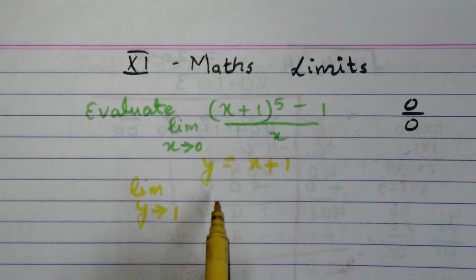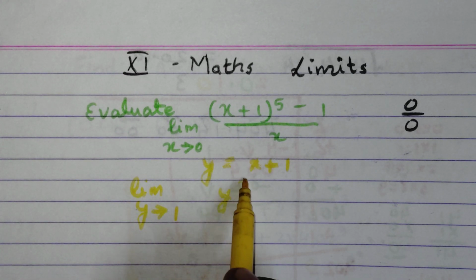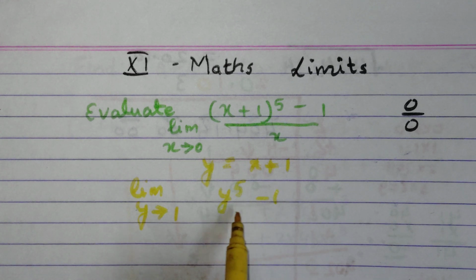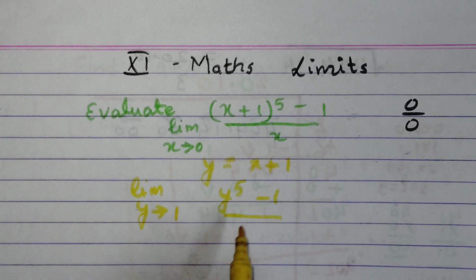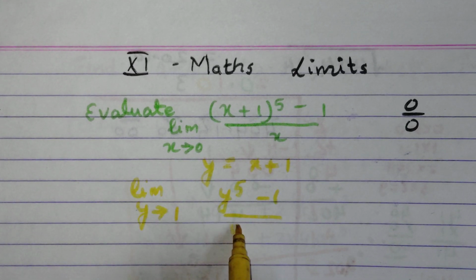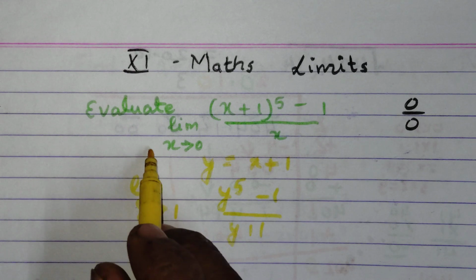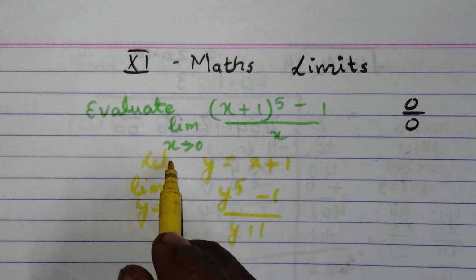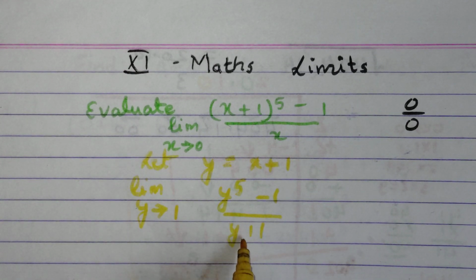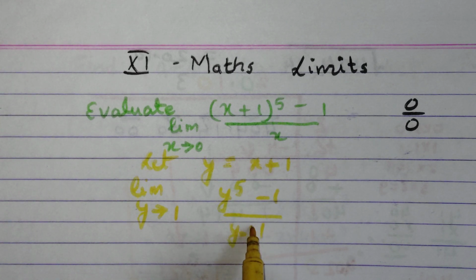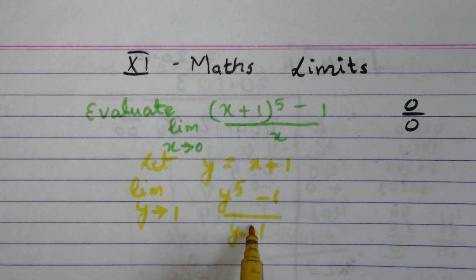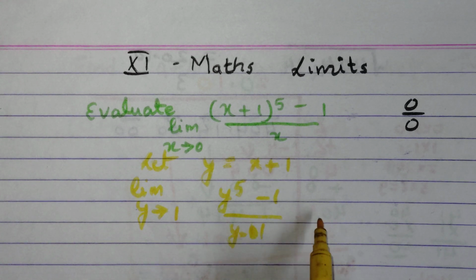So x plus 1 becomes y, and we get y raised to the power 5 minus 1 upon x. The value of x is y minus 1, by transposing.